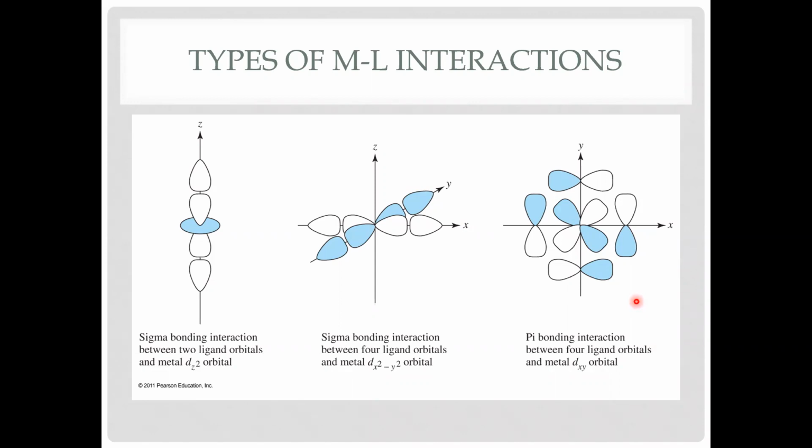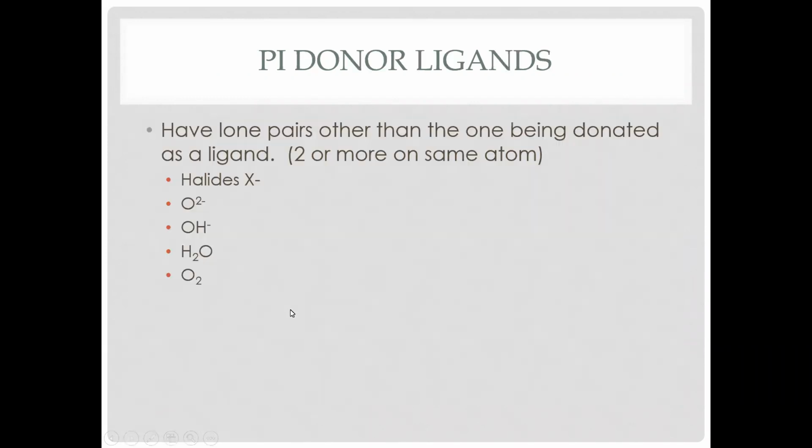This happens whenever I have more than one pair of electrons on that ligand atom. So our halides and things with oxygen in them are the most common scenarios: oxide ion, hydroxide, water, and just the oxygen molecule. That's because there are extra lone pairs that are irritating the T2G orbitals and raising them up in energy.